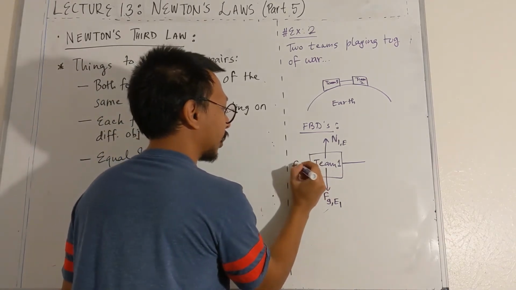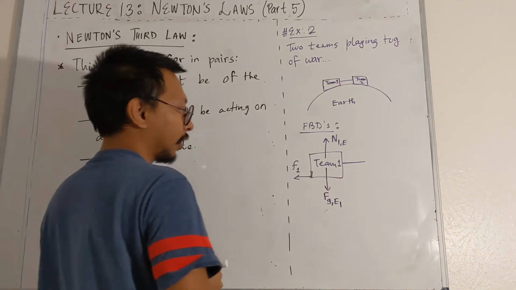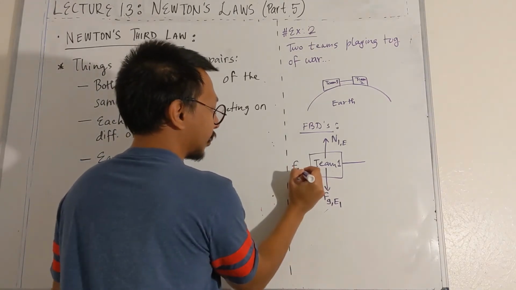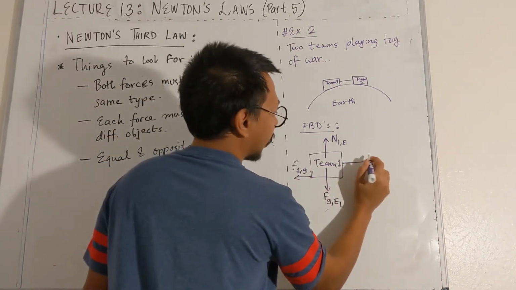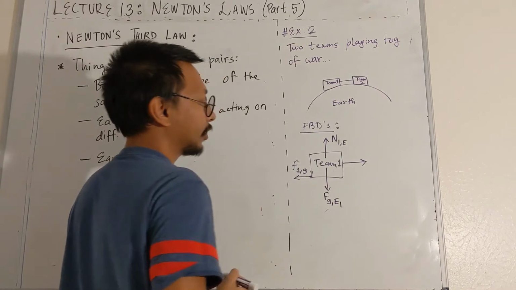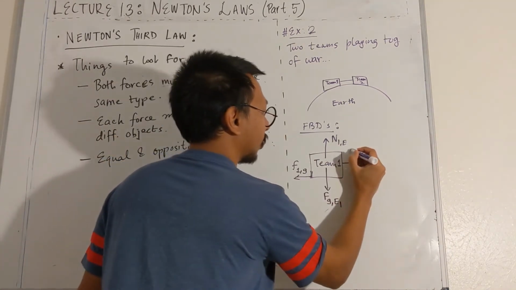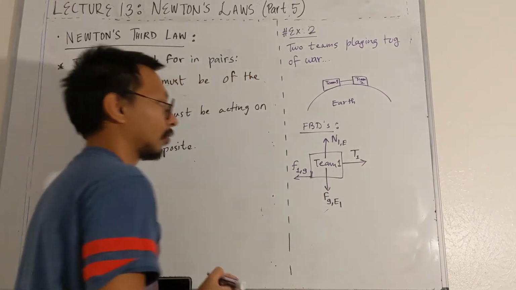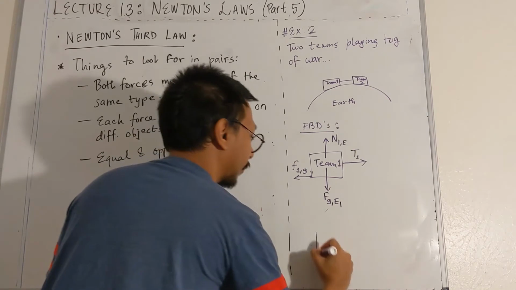So let's call this F1 on team 1, and this is exerted by the ground on team 1. And there is also a tension force which is pulling team 1. Let's call this T1. All right. Then we draw a free body diagram for team 2.